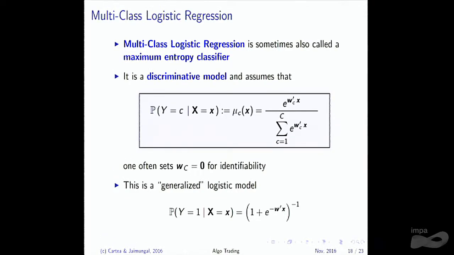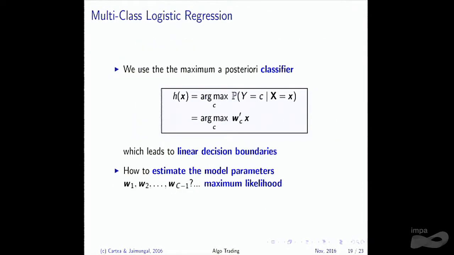E to the something, if I maximize it, is the same as maximizing what's in the exponential. So that's just this. And then if I'm maximizing that, this is a linear function. We have a whole bunch of linear functions that are intersecting, so you just get linear decision boundaries here, as opposed to the first approach, where we got quadratic boundaries.